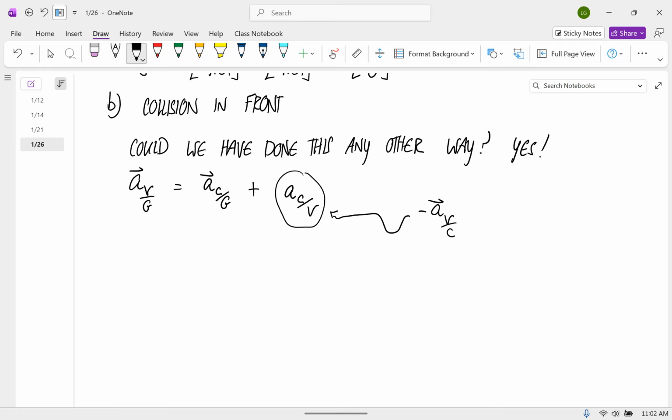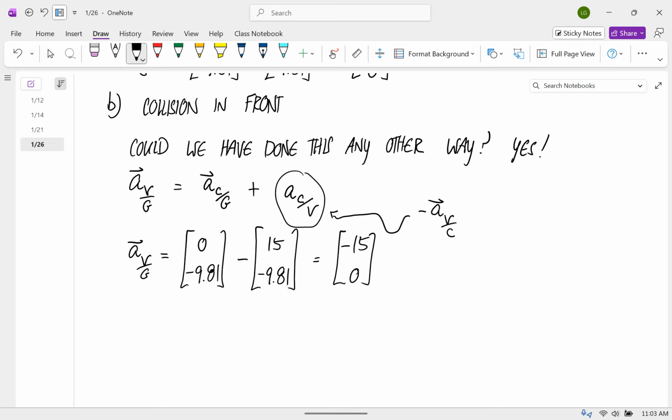My notation there is weird, but now we can say the acceleration of the vehicle relative to the ground is equal to 0, negative 9.81 minus 15, negative 9.81, which is equal to negative 15, 0. And it works just the same.